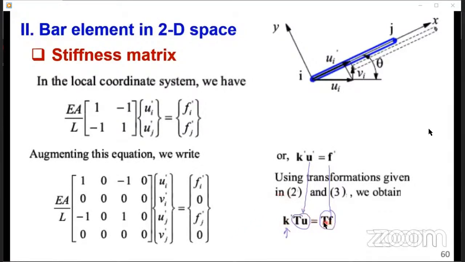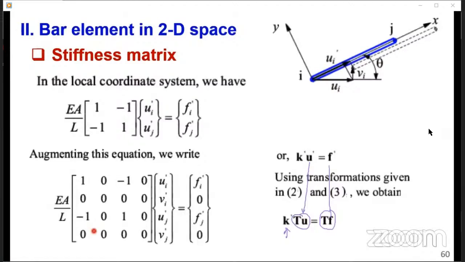And what you do, we can multiply. One thing you have to note with this matrix, one of the characteristics we are utilizing, is that the matrix T, if you look at it, is orthogonal.